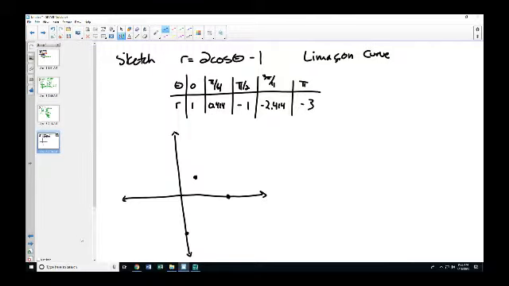Pi over 4. So when you, never mind. This is another question. No, it's not. Theta equals 3 pi. That's where I would go.